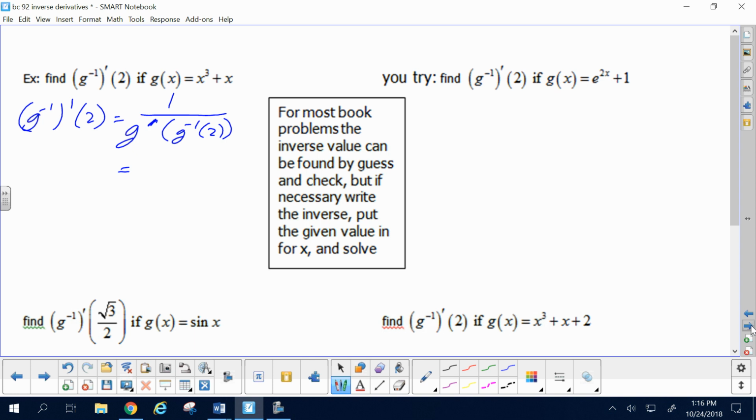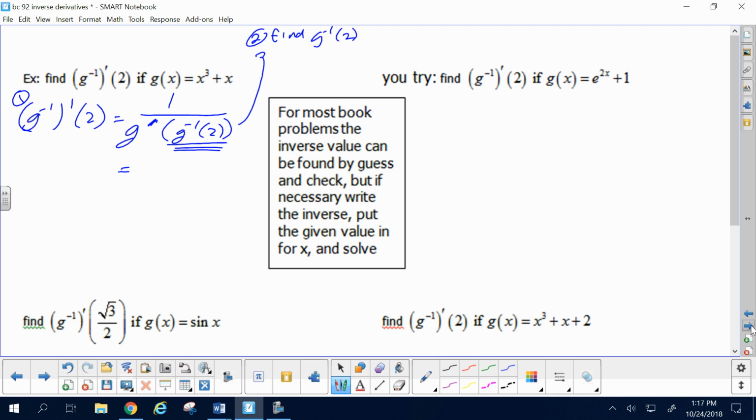Now I go to details. Now I usually, and I recommend you do the same, work inside out. I can't find the derivative at anything until I know what I'm going to put into the derivative. So g inverse at 2. Now we're going to find that. Find g inverse at 2.